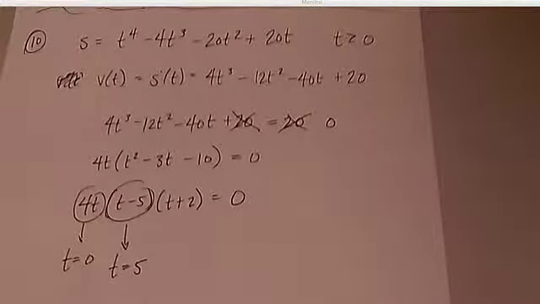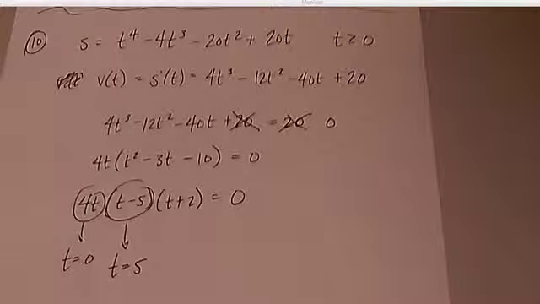All you had to do was get the velocity function by taking the derivative of the position function, and after that recognize that what was really being asked was an output question for that velocity function. When is the rate of change, when is the velocity equal to 20? So you set the velocity function equal to 20.